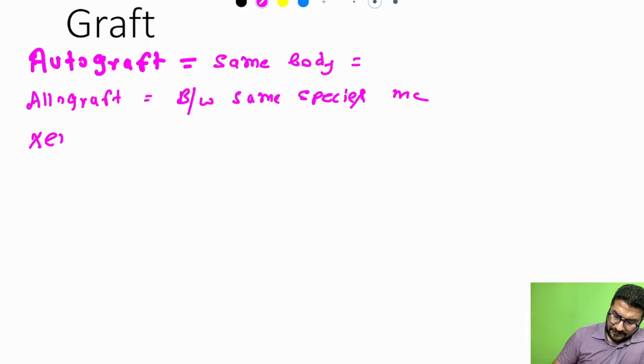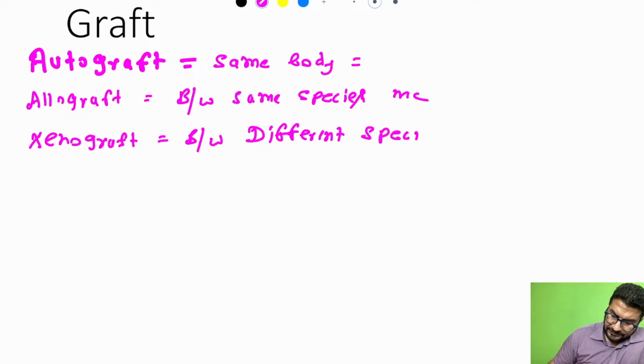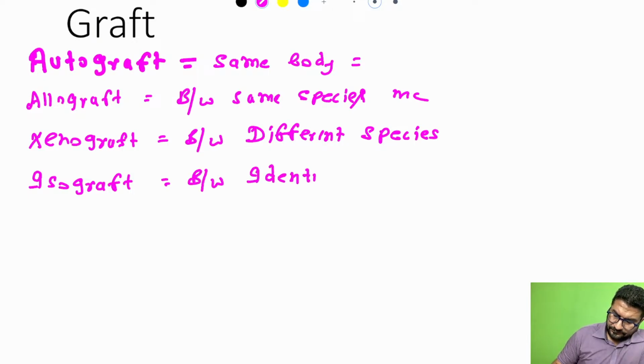Then we have xenograft, which is between different species. Then we have isograft, which is between identical twins. So these are the different types of graft, right?